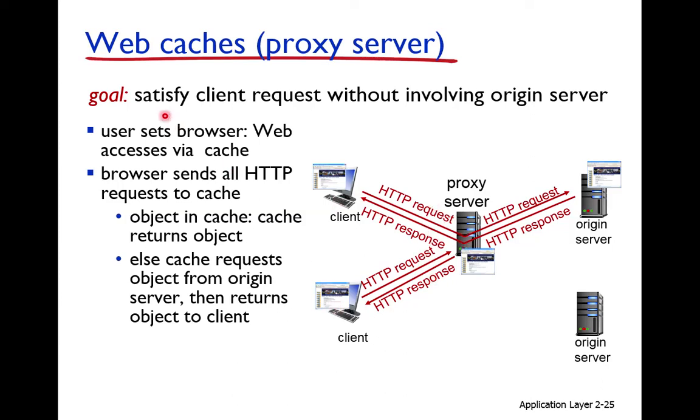So the web cache satisfies client requests without involving the origin server. If the object is already present, as with the second client, it will respond from here and will not go to the origin server. So what is its benefit?